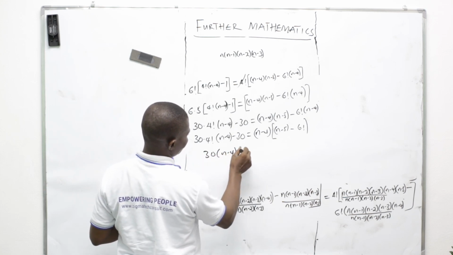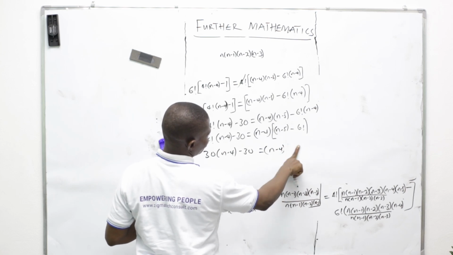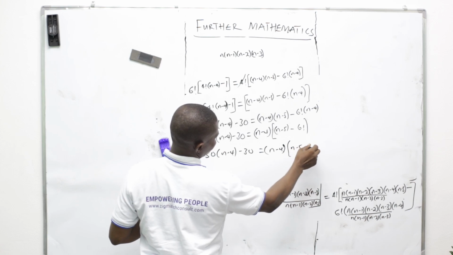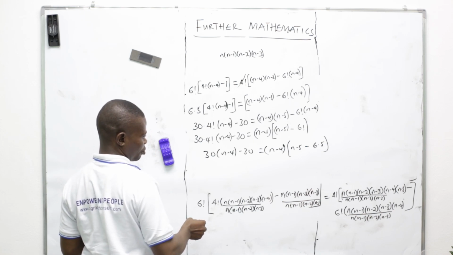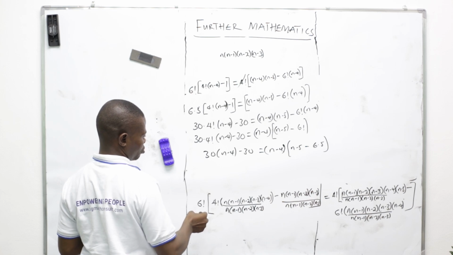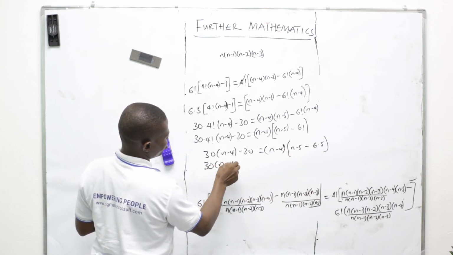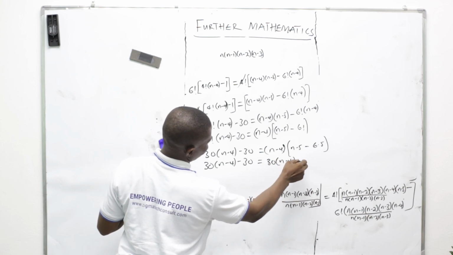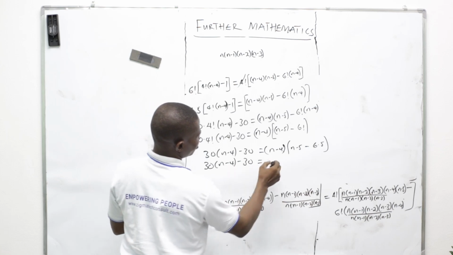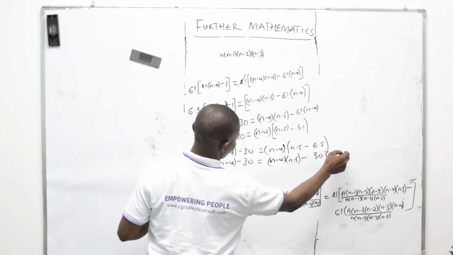Thirty into n minus 4 minus 30 equals n minus 4 into n minus 4 minus 30 equals 30 into n minus 4 minus n minus 4, n minus 5 minus 30 into n minus 4.